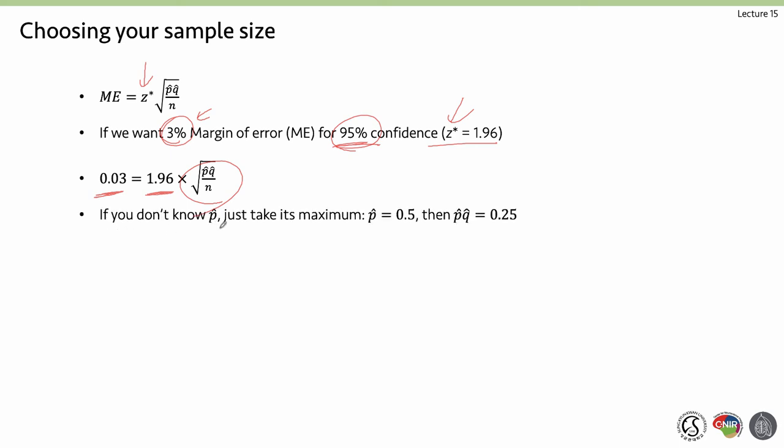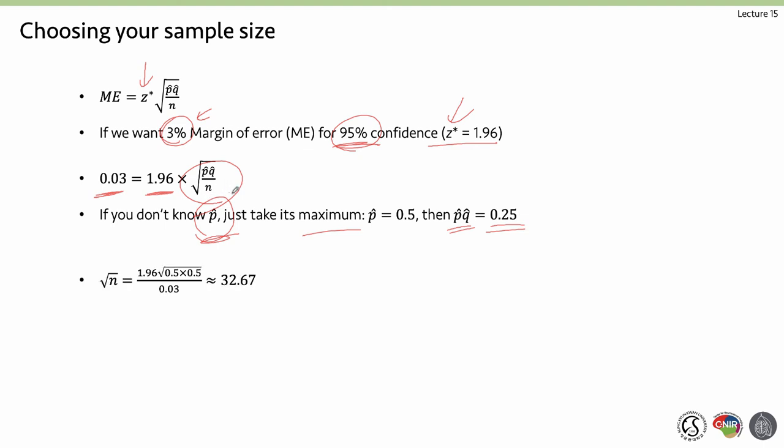But if we don't know P hat, because this is before we conduct any experiment and we want to use this to choose our sample size, we can just take its maximum. P hat equals 0.5, and then P hat times Q hat becomes 0.25. That's the maximum value we can get.